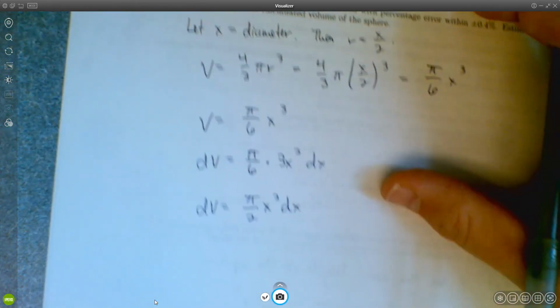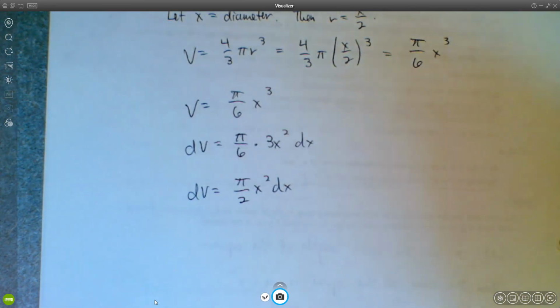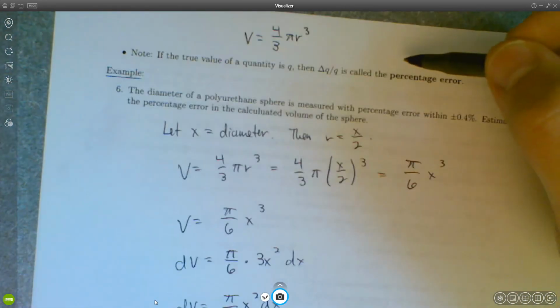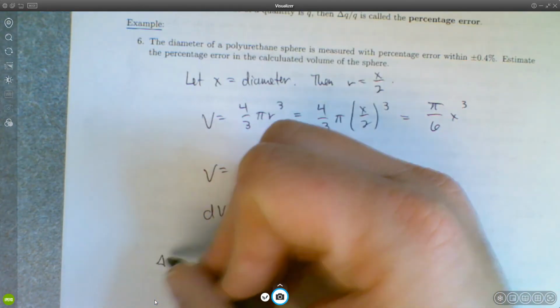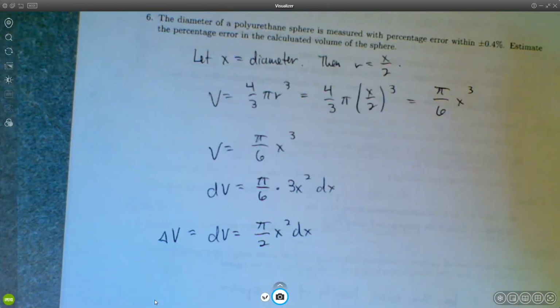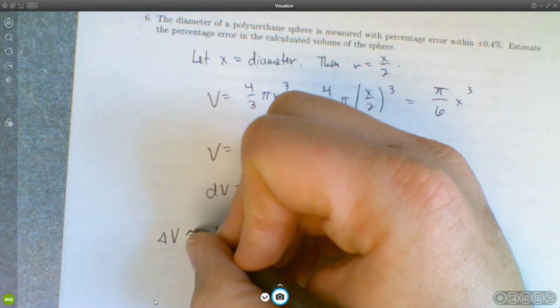Okay, we want to find the percentage error. So delta V is approximately dV.